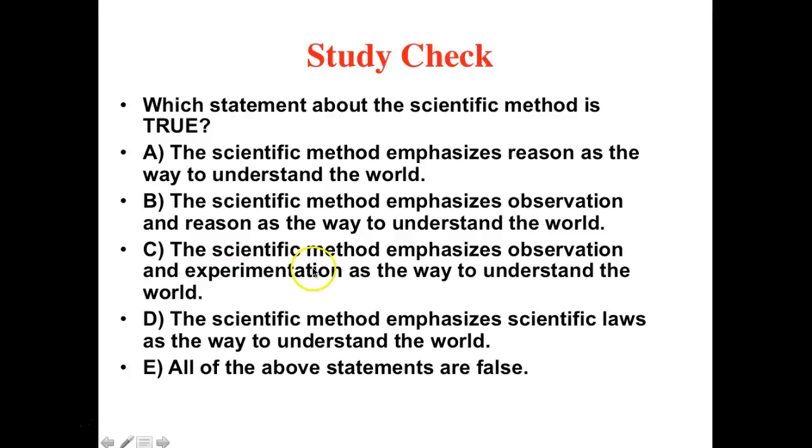This would be the best choice because observation leads to formulating a hypothesis, and then the experimentation leads to proving or disproving that hypothesis. Scientific method emphasizes scientific laws as the way to understand the world.